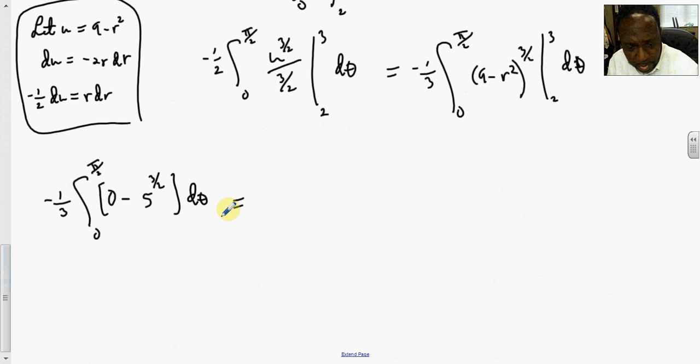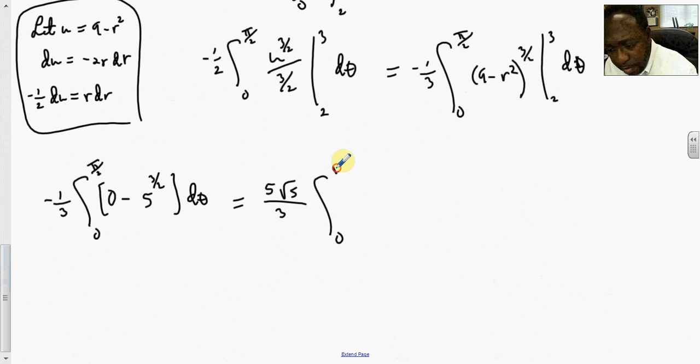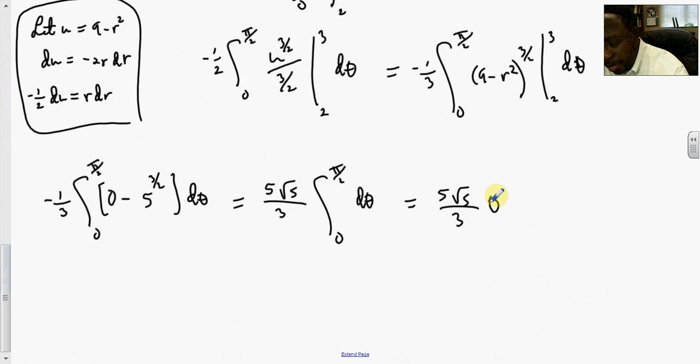Negative times negative is positive, and that's 5 times the square root of 5 all over 3. And this is the integral from 0 to pi over 2 d theta, which is just pi over 2. So we have 5 times the square root of 5 over 3 theta, and theta is evaluated from 0 to pi over 2.